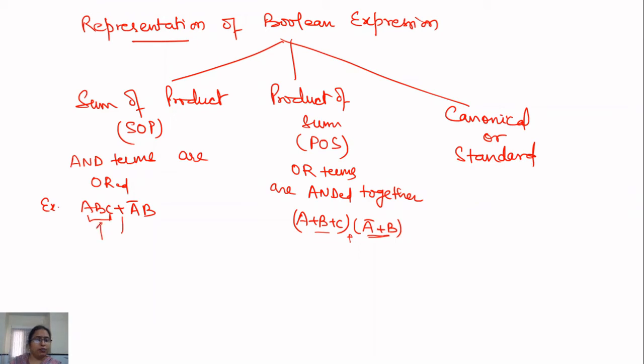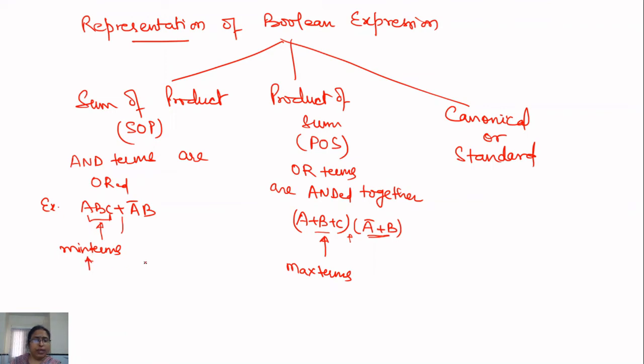And in SOP these terms are called minterms, and in POS these terms are called maxterms.